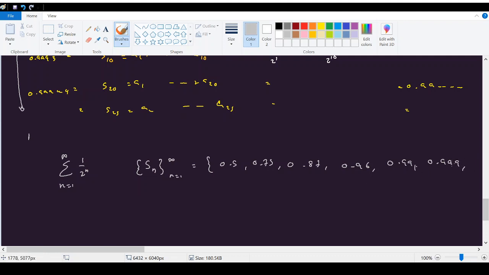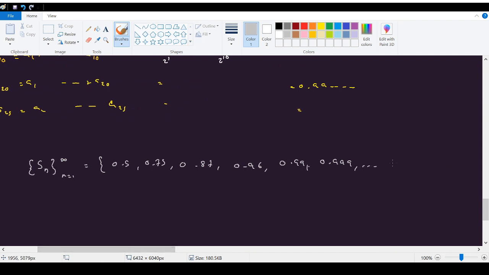Likewise, you can see that the partial sum sequence converges to a certain value, and in this case it is equal to 1.